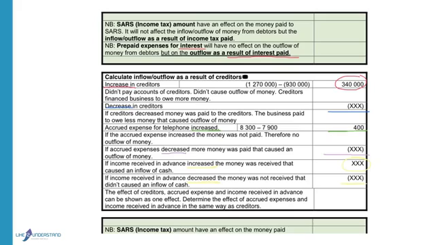So we will think of the effect of accrued expenses and income received in advance in exactly the same way as we will show the effect on creditors. If creditors increase, it is an inflow of money. If income received in advance increase, then it's an inflow of money. If accrued expense increase, it is an inflow of money. So you can think it out exactly the same as you would think out creditors.